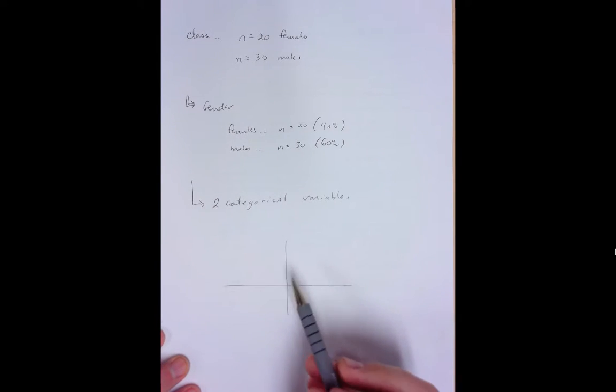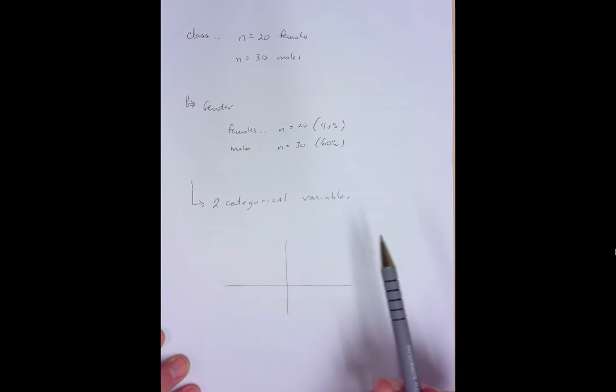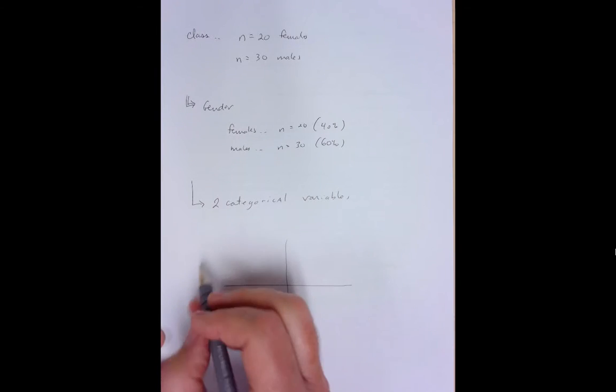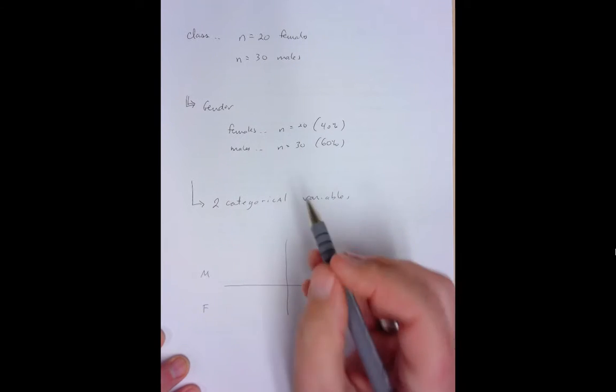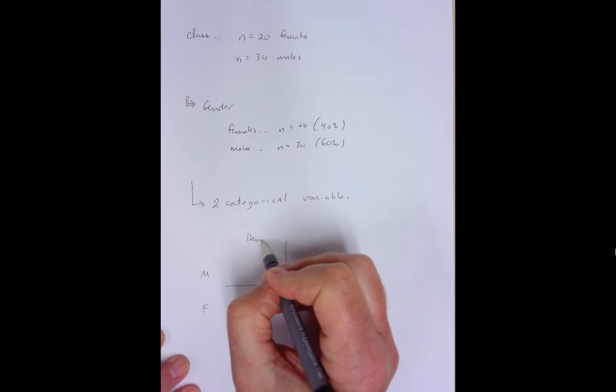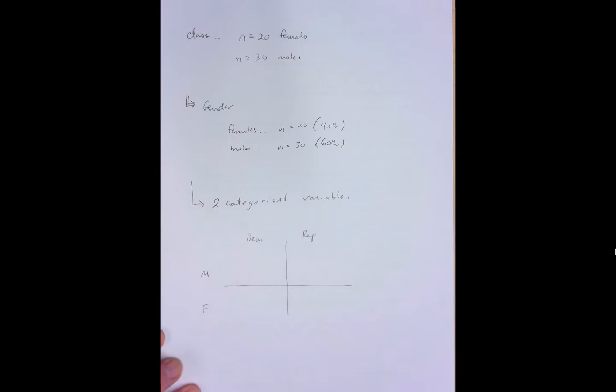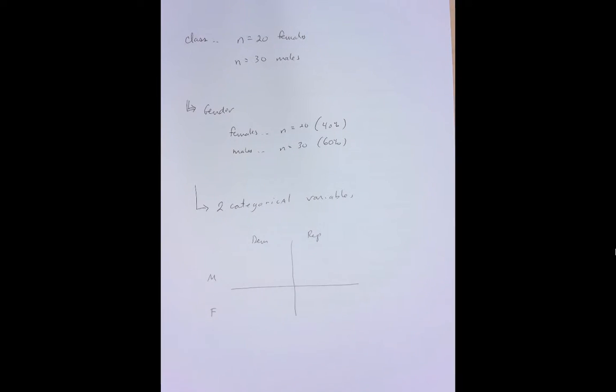For example, if we have a bunch of students at Shawnee State University, and we have male versus female, and then maybe we have some sort of beliefs, politically, Democrat, Republican, let's just say that we classify everyone as one or the other, then it would be reasonable to come in and look at a 2x2 table. All right?